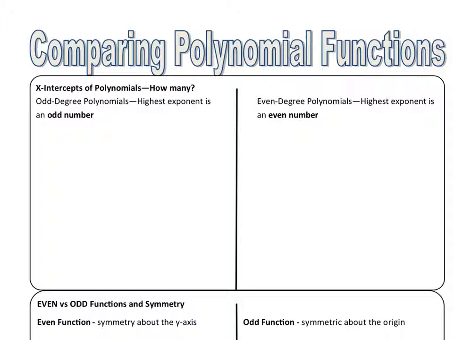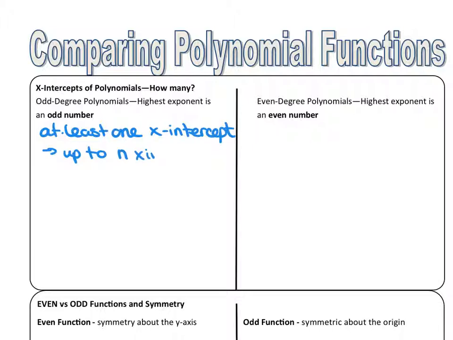So an odd degree function, because we're going to talk a little bit about the x-intercepts, has at least one x-intercept, which means it's going to cross that x-axis at least once. And then up to a maximum of n x-intercepts.